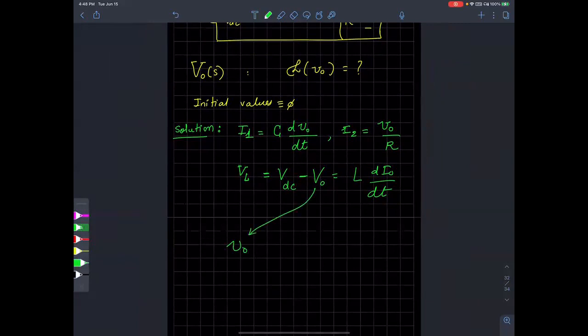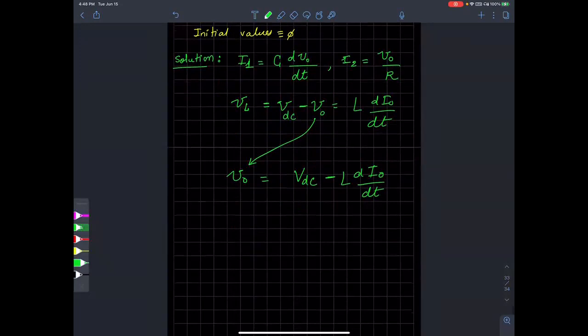Sometimes you see me using capital V, sometimes little v, VL, VDC, and V naught. So V naught is VDC minus L di naught by dt, from this equation.